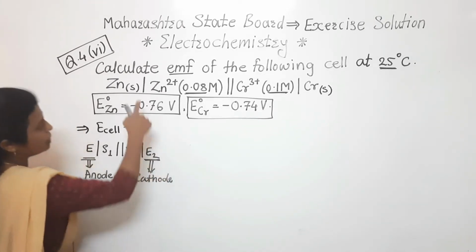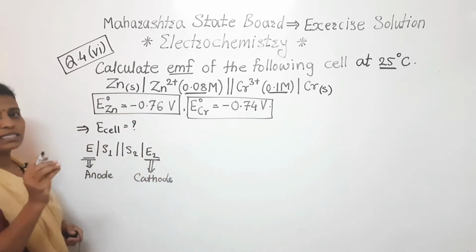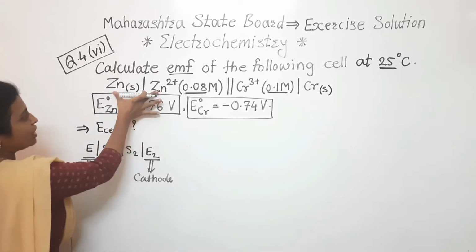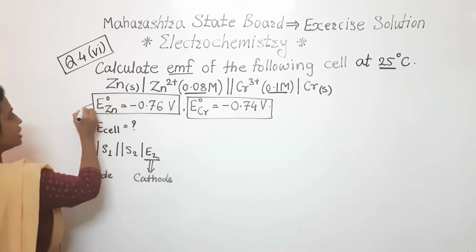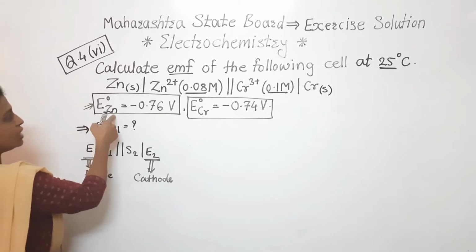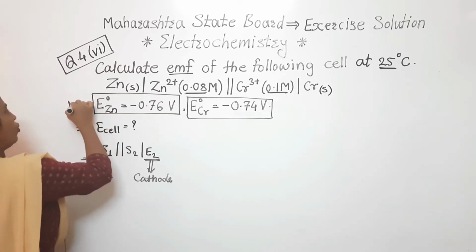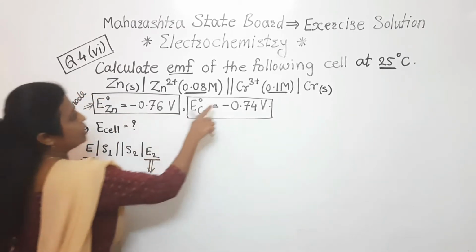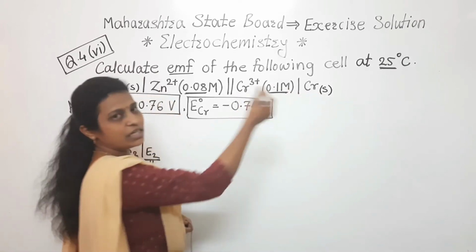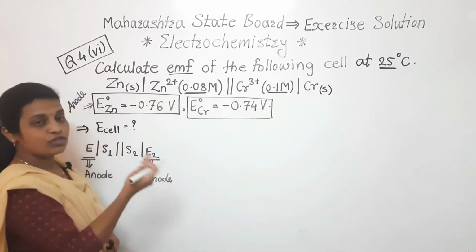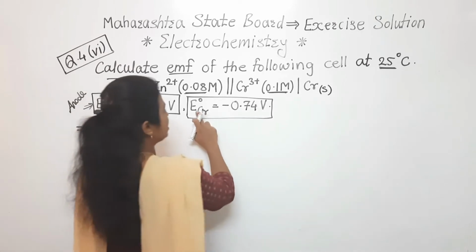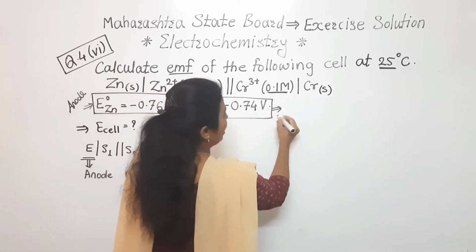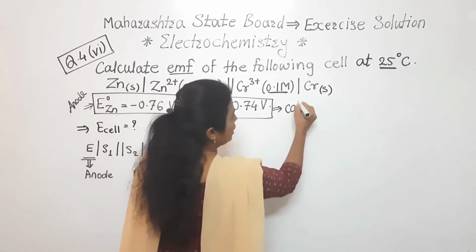In the cell representation also we have to apply the same logic. Now see here, left hand side Zn is there, so this E naught Zn is the value of anode. Next one, chromium is present exactly at the right hand side, means it will behave as a cathode, means E naught Cr is the value of E naught cathode.